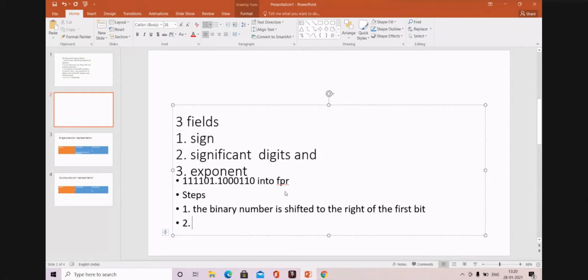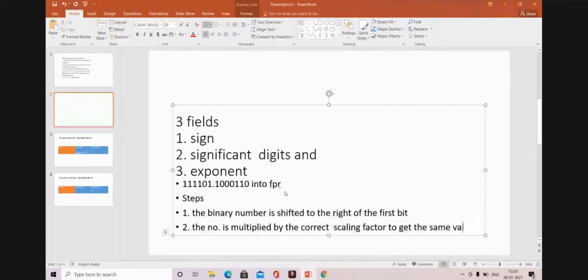The second step is that the number is multiplied by the correct scaling factor, just to get the same value.